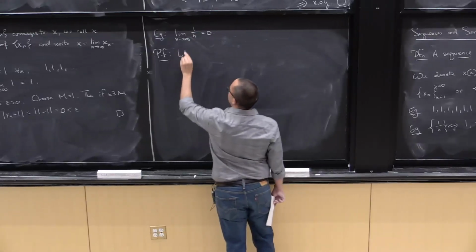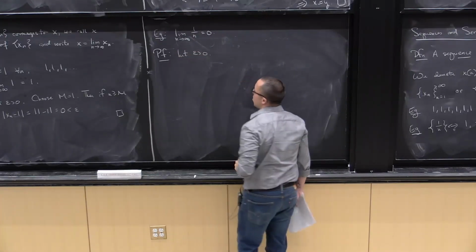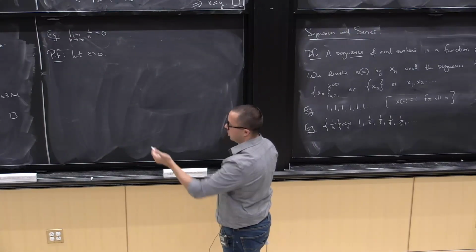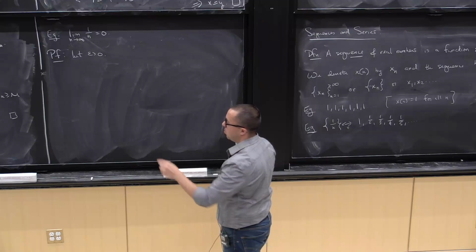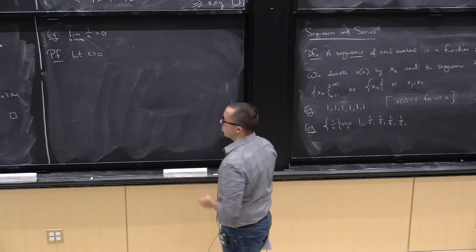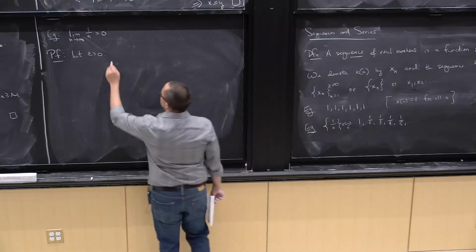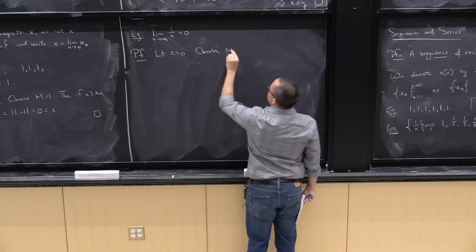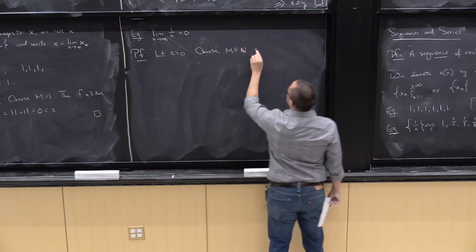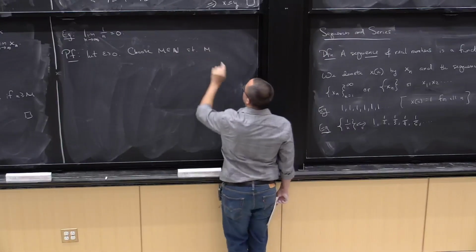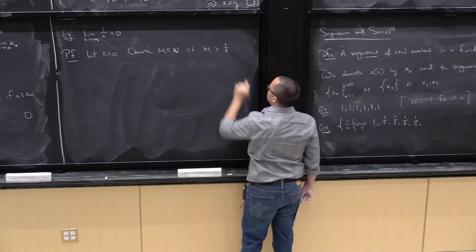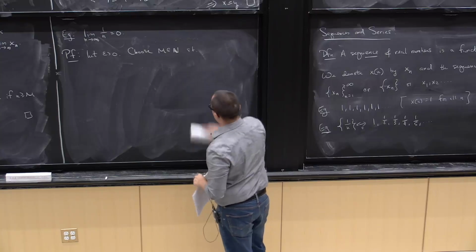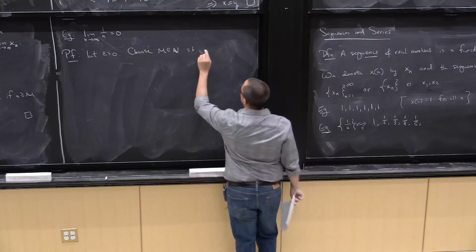So I start the proof off with let epsilon be positive. Now I have to tell you how to choose capital M to ensure that little n bigger than or equal to capital M implies |x of n minus 0| in this case is less than epsilon. So I will say choose capital M, a natural number, such that M is bigger than 1 over epsilon. Okay? In fact, I'm not going to write it that way. I'm going to write it this way.